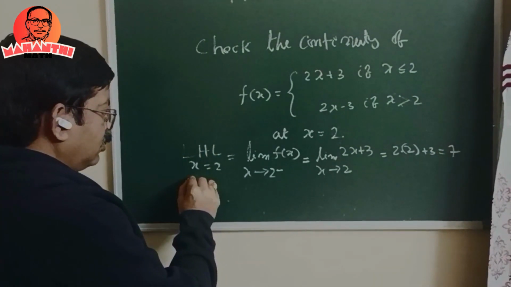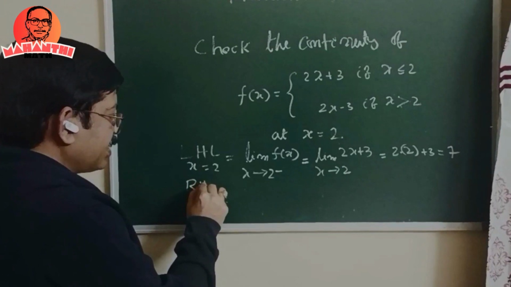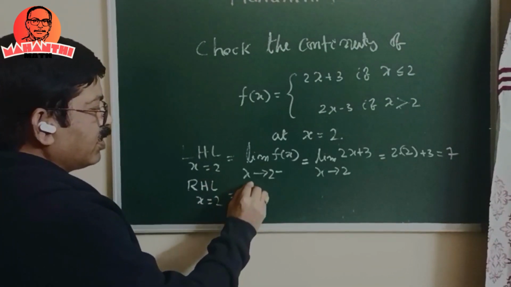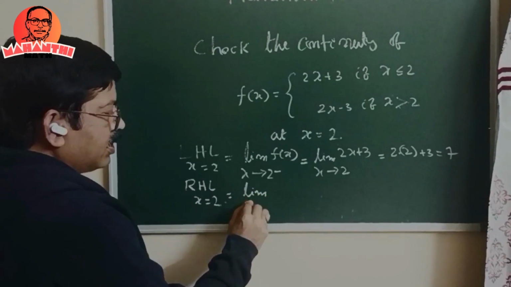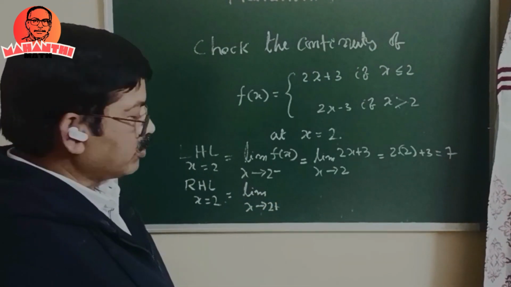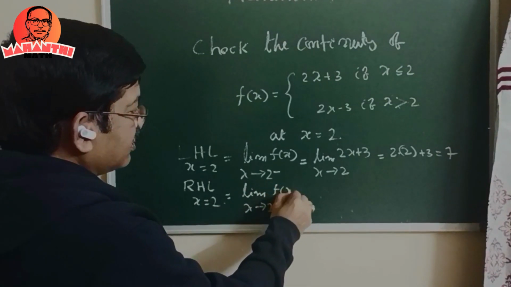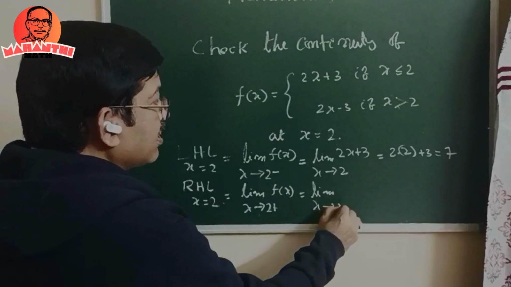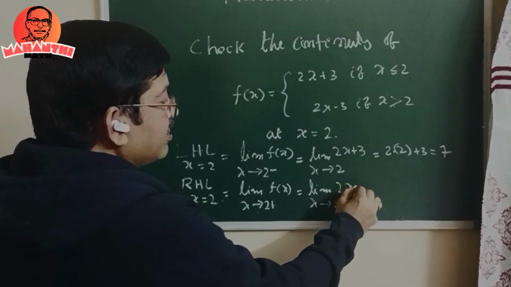Now, we will calculate RHL. RHL at x equal to 2 equals limit x tends to 2 plus, meaning right side to 2, of f of x. Right side to 2, what function is it? 2x minus 3.